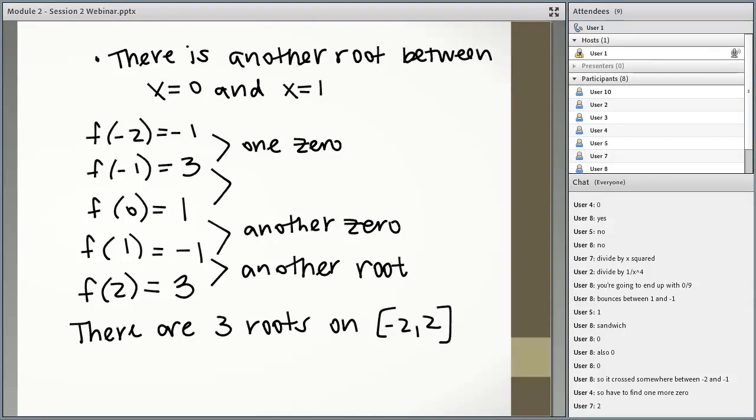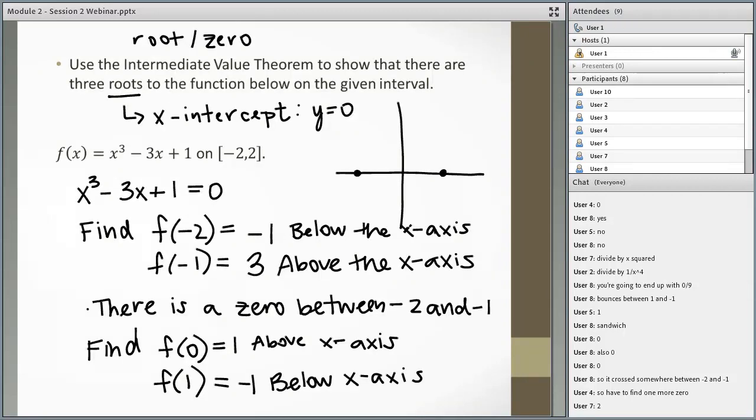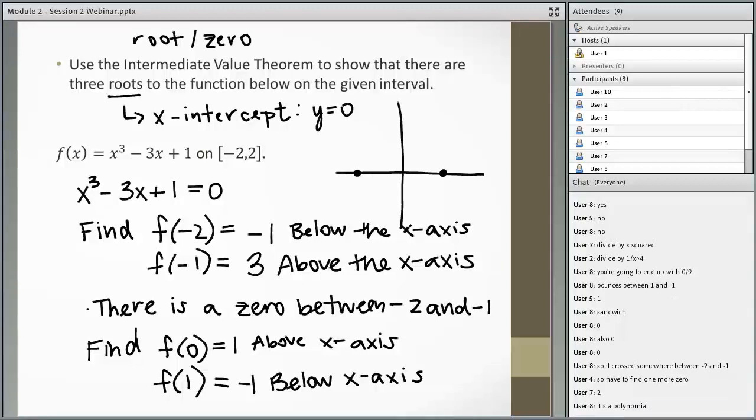So again, how did I know that this was continuous, by the way? Because you remember the intermediate value theorem says that the function has to be continuous on the interval. Good. We have a polynomial.